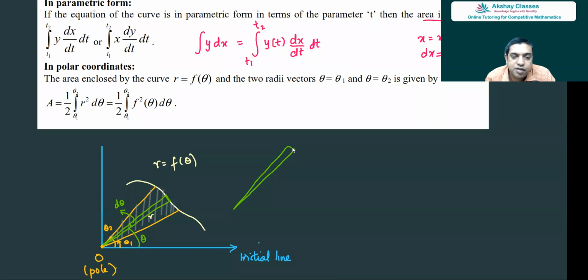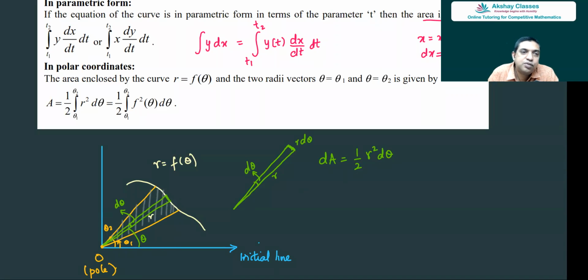This is the elemental strip, this is d theta, this is r, this is r d theta. And of course, either you take this as an isosceles triangle or you know the area of the sector. So dA is half r square d theta.